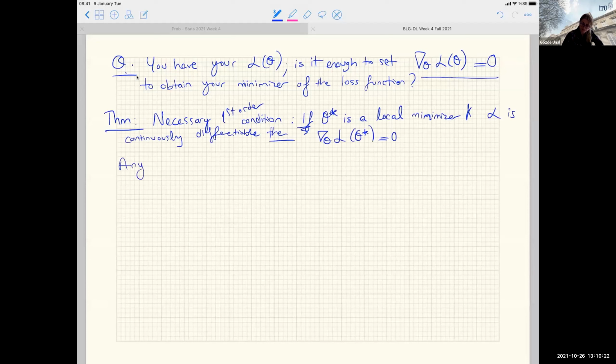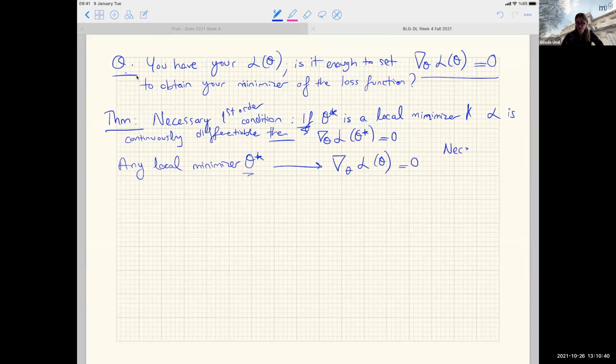Any local minimizer, local or global, doesn't matter. You give me theta star, I know it's a minimum, and I know this is the necessary condition: the gradient is 0.